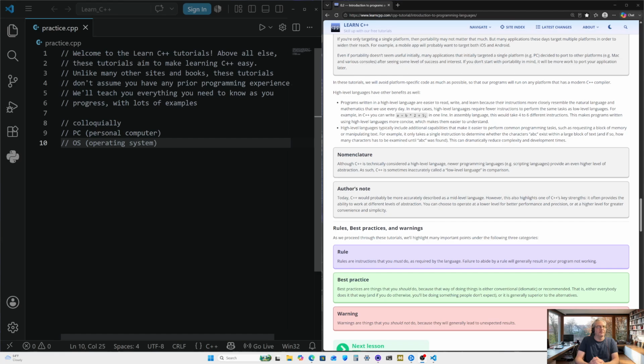For example, in C++, you can write A = B * 2 + 5 in one line. In assembly language, this would take 4 to 6 different instructions. So 4 to 6 different lines of code to get that to work, from what you can see and type into a text editor.